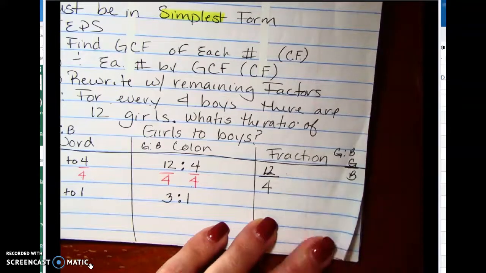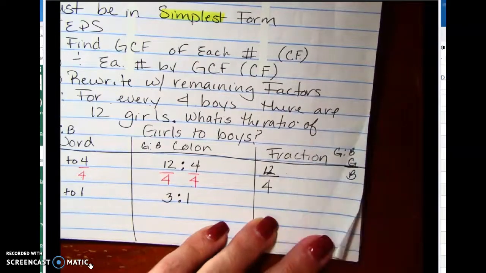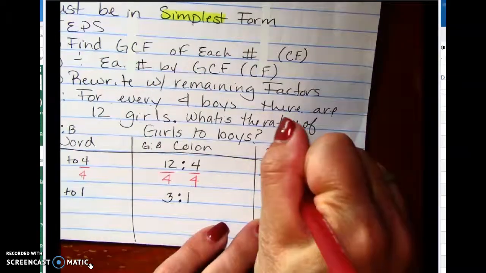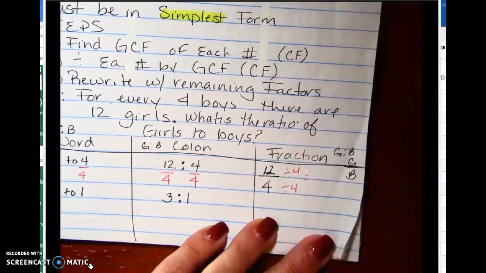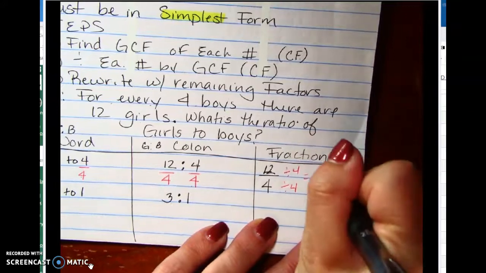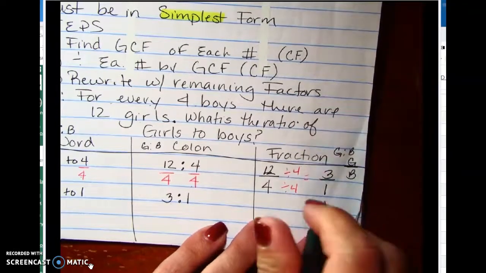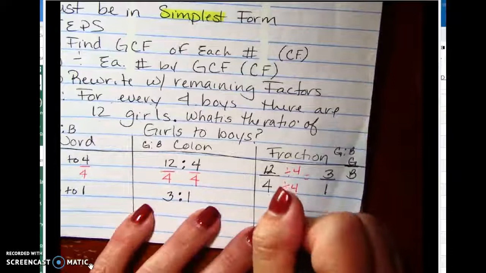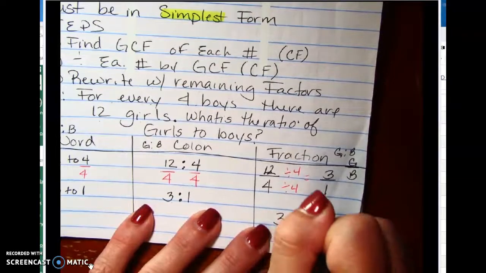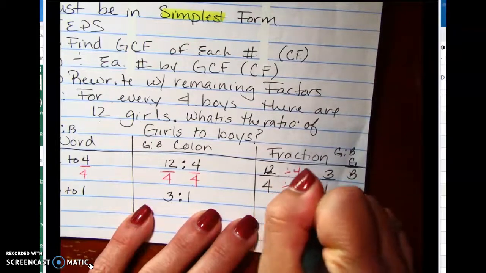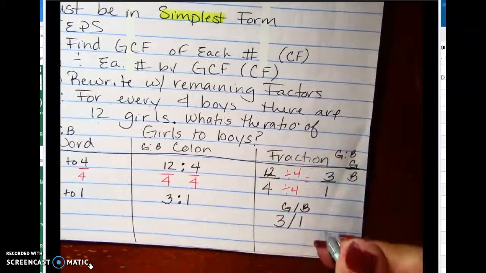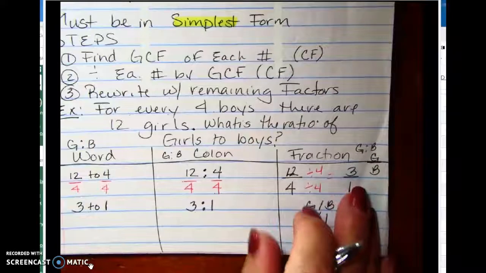Okay, so the first and then the second number, and we would divide by the greatest common factor, which would be 3 to 1. And then all you have to do is rewrite it as 3 to 1. Remember, it is girls to boys. And that is how we show ratios.